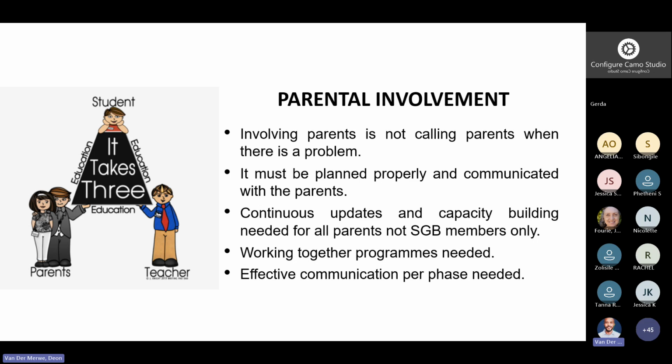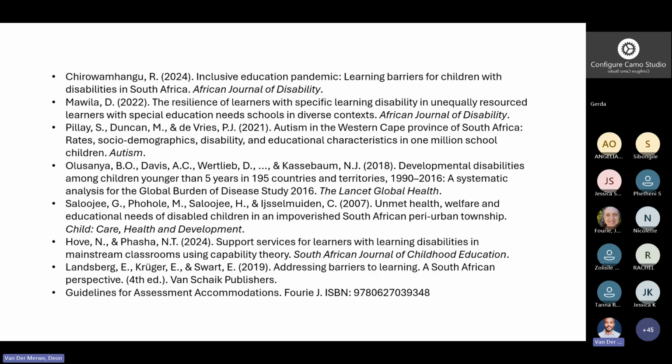Therefore, arrange certain sessions to be intentionally in the morning and certain sessions intentionally in the afternoon, so that you can gauge the attention span and the functioning of the child within the different time frames, which will enrich your data and give a much more holistic view of the child that you will be working with. And that is the end of my session.